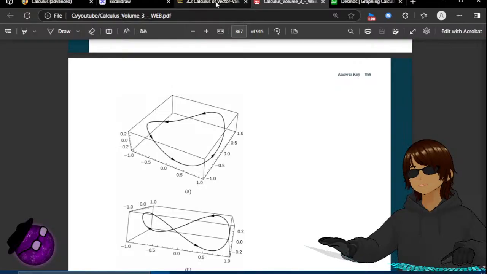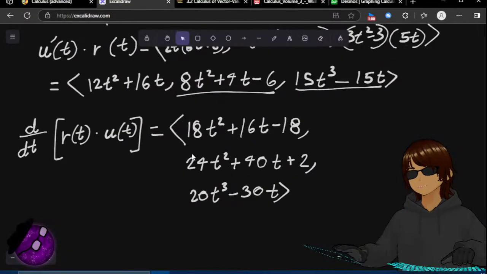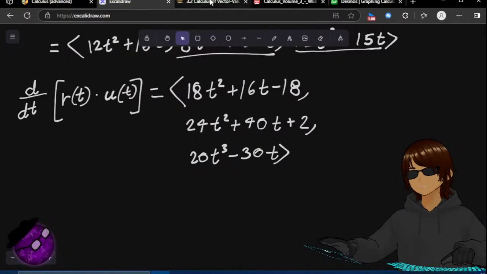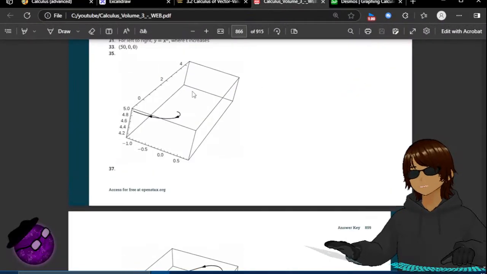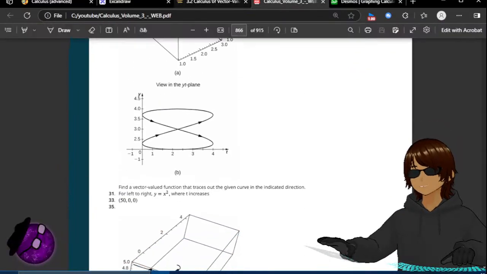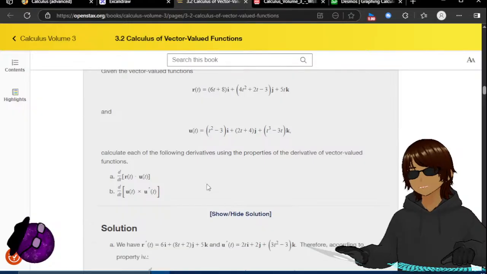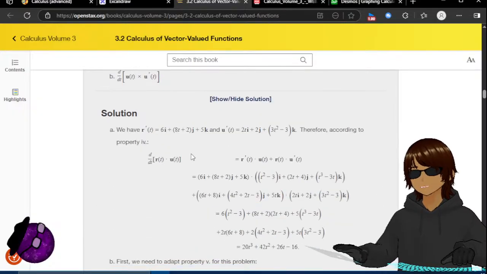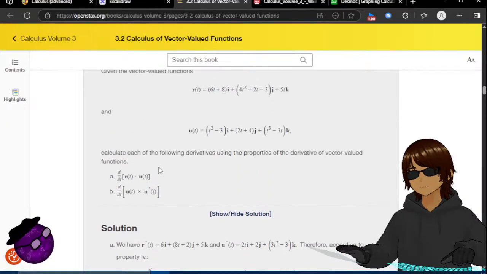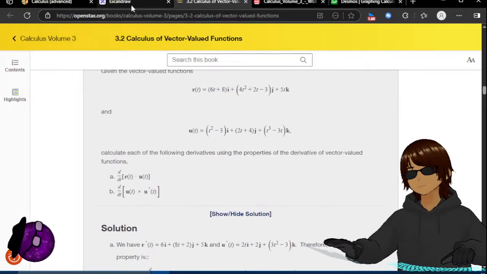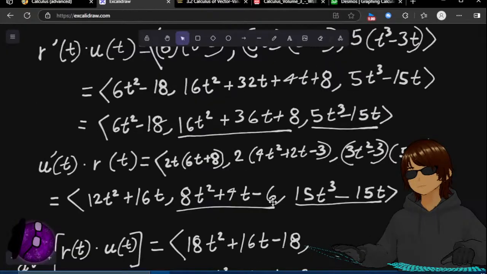If it's taking too long, then I guess I wouldn't bother. Then let's see. The answer is here. So for this, no, wait, we are supposed to, with dot products, we are supposed to add them, right?